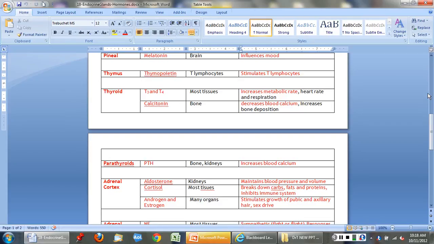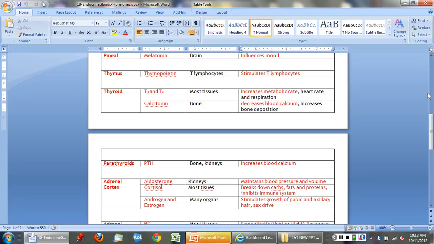You'll see a question just like that on the test. And I may mix them up too. I may say the parathyroid gland secretes calcitonin, true or false? So you have to remember which hormone is coming from which gland and what the effect is.